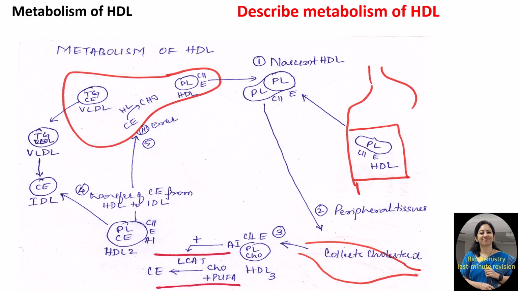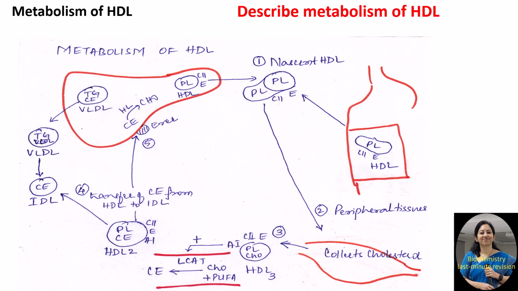Okay. Now this cholesterol is esterified to cholesterol ester with the help of polyunsaturated fatty acid, and the enzyme is lecithin cholesterol acyl transferase, and this is activated by ApoA1 that is present on the surface of the HDL3. So once the cholesterol esters are formed, HDL3 gets converted to HDL2.